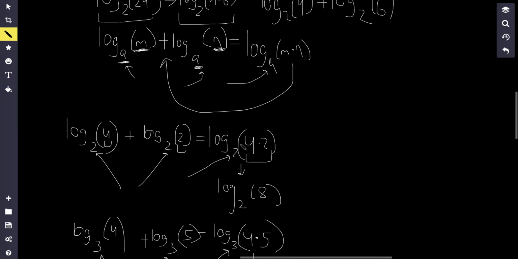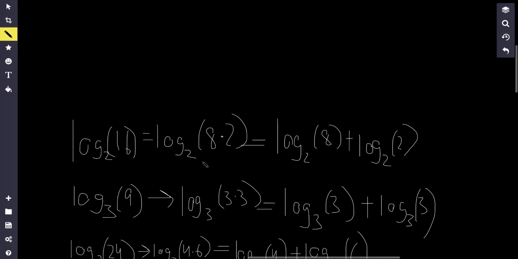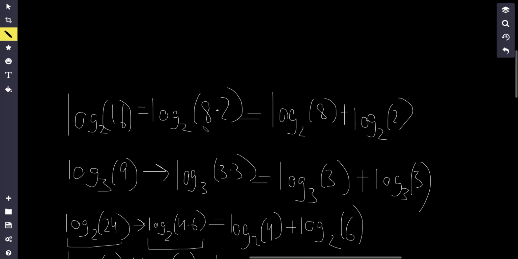So yeah, you can go from these two logarithms to this one logarithm, or you can go from this one logarithm, separate the thing inside the parentheses into one factor pair, and then separate it into two logarithms like this.